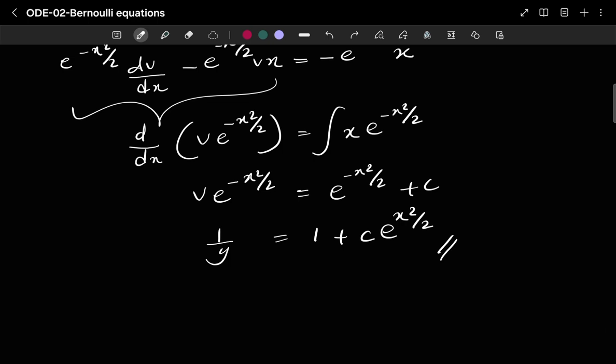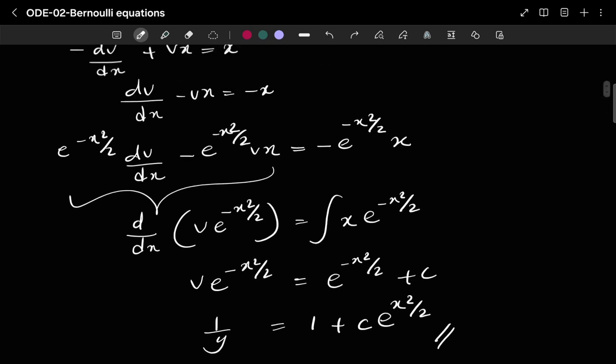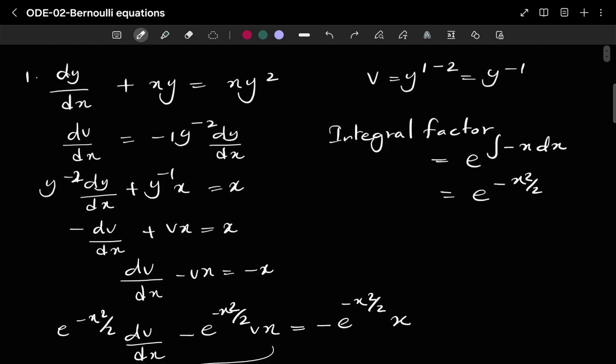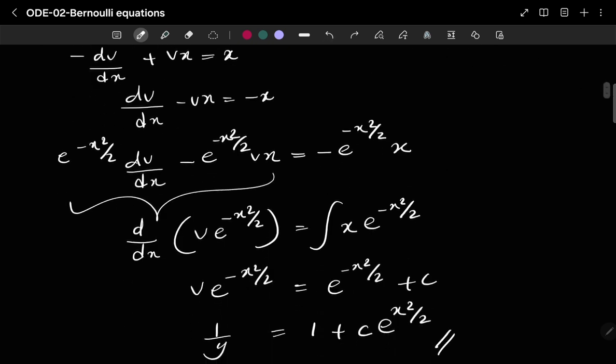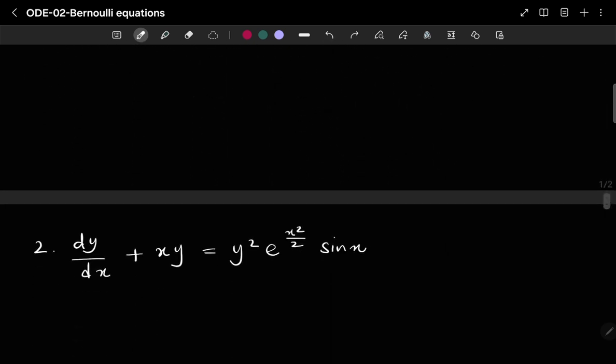That is how we solve the first Bernoulli equation. We take the substitution v = y^(1-n), take it to the linear form, and determining the integrating factor, we can solve the equation.